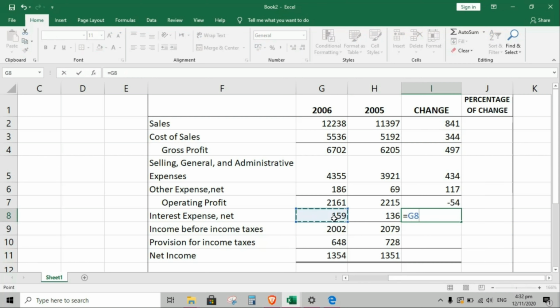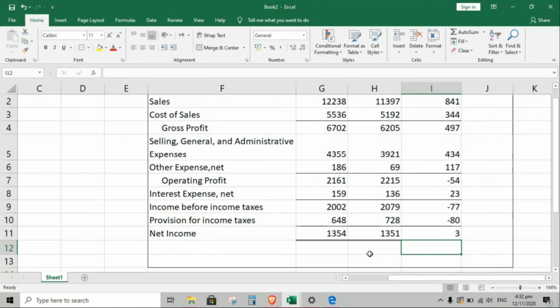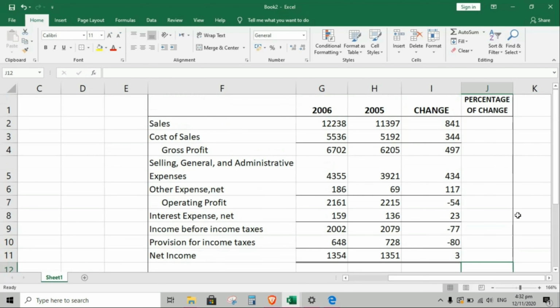Next is 159 minus 136. 2002 minus 2079. Then, 648 minus 728. And then, 1,354 minus 1,354. So, 3.